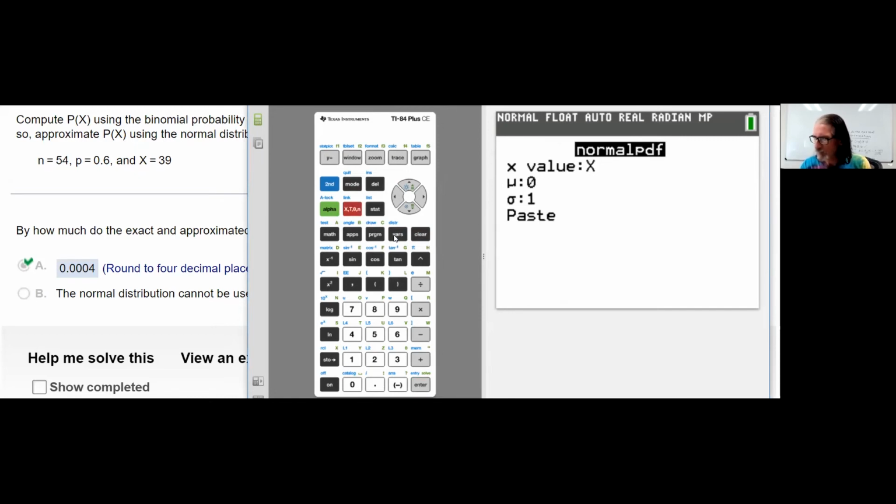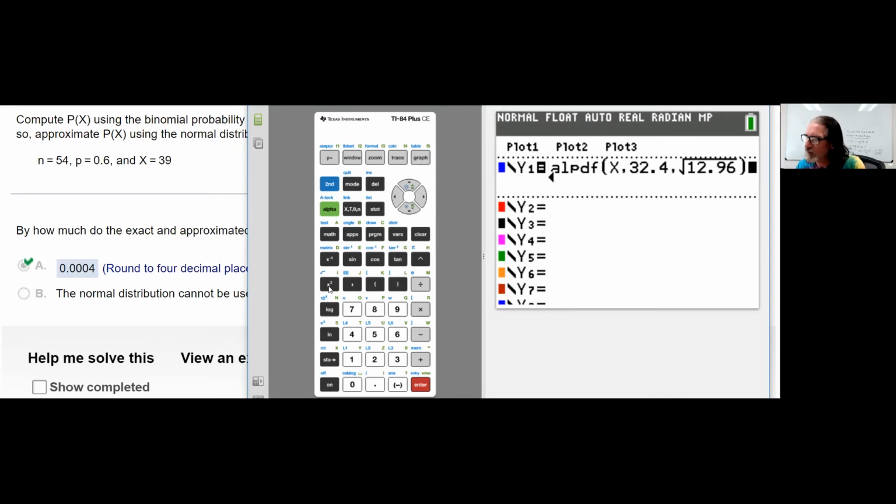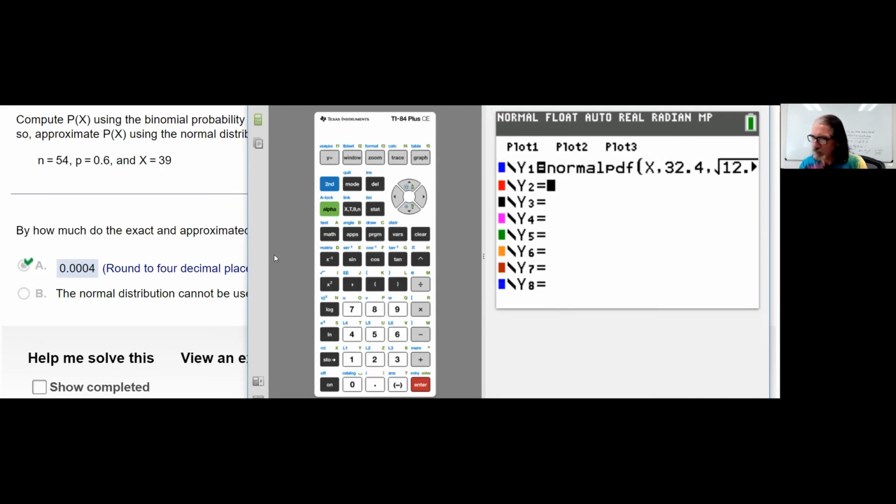Just give X as an X value, and then our mean was 32.4, and sigma was square root of 12.96. Paste that in there. Just going to try to graph this.